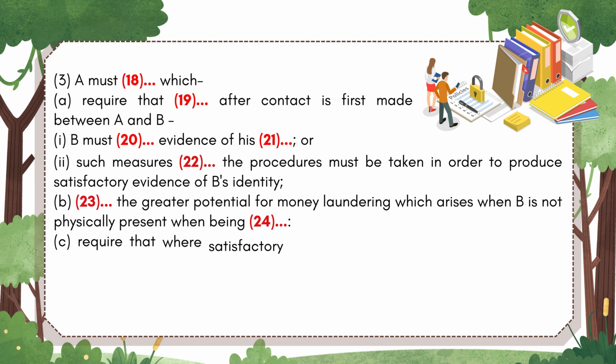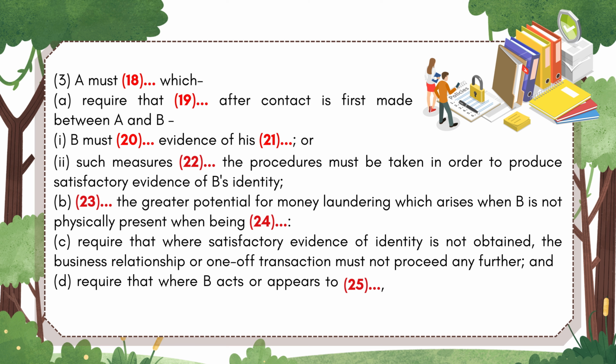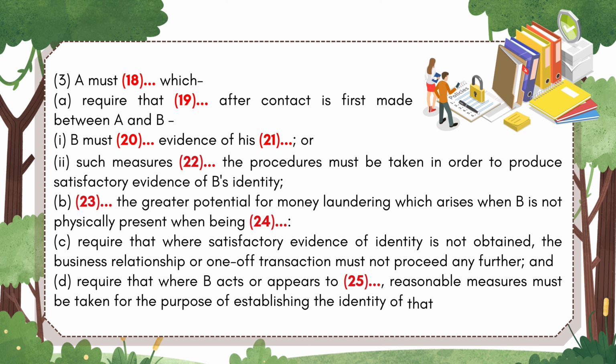Take into account the greater potential for money laundering which arises when B is not physically present when being identified. c. Require that where satisfactory evidence of identity is not obtained, the business relationship or one-off transaction must not proceed any further, and d. Require that where B acts or appears to act for another person, reasonable measures must be taken for the purpose of establishing the identity of that person.